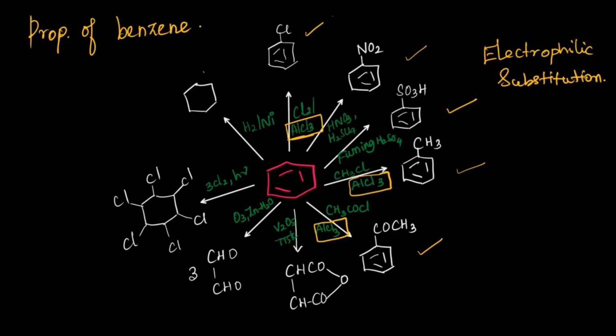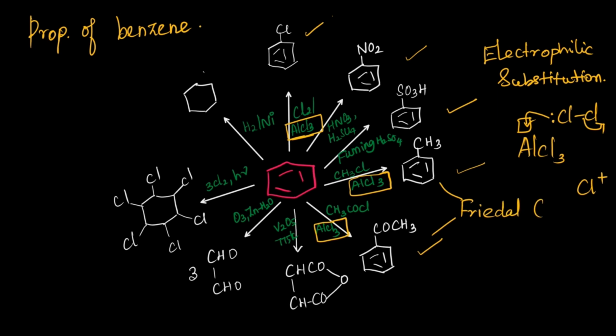Since it has a vacant orbital, let's say I have Cl2, it will accept the electron pair so that Cl plus will be formed. That acts as an electrophile to attack benzene. So these are electrophilic substitutions, and these two are particularly called Friedel-Crafts alkylation and acylation.